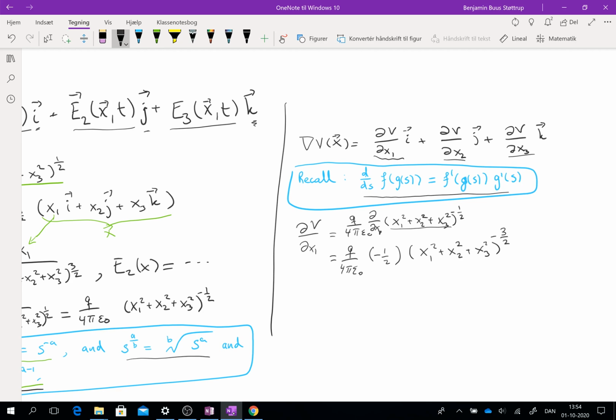Okay, but we're not done. This is the first bit here, but we're still missing this, so we have to do the partial derivative of the inner function.